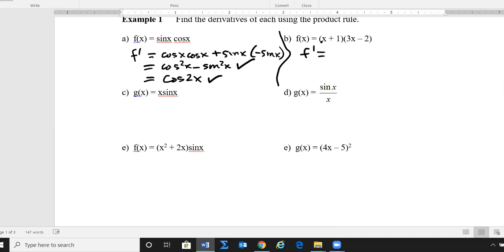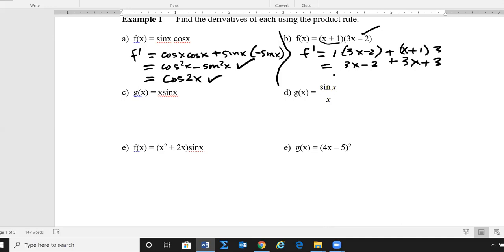So the derivative of the first factor is a 1 times the other factor. Plus x plus 1 times the derivative of this factor, which is a 3. So each factor has its derivative times the other. And then usually you can simplify a little bit.